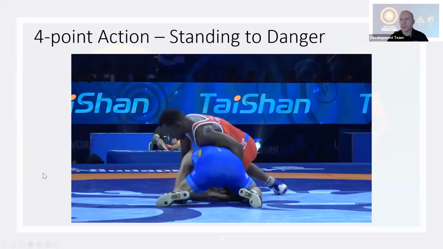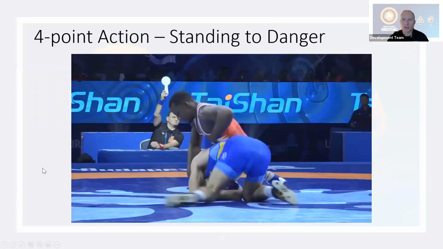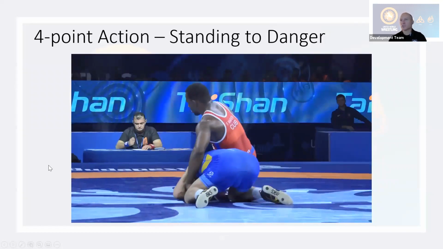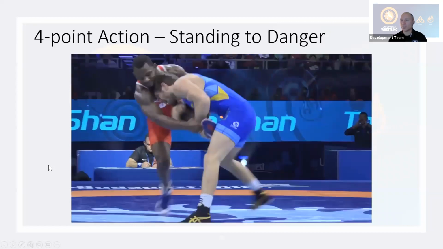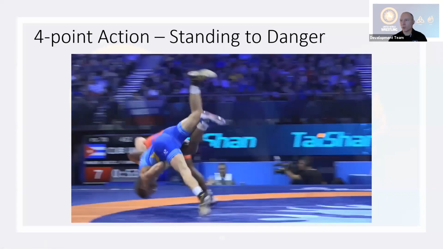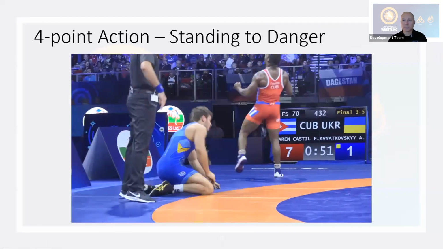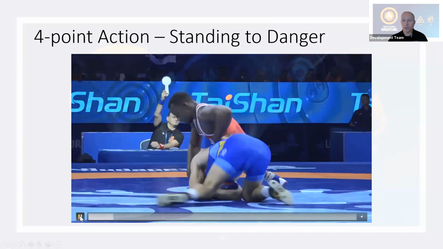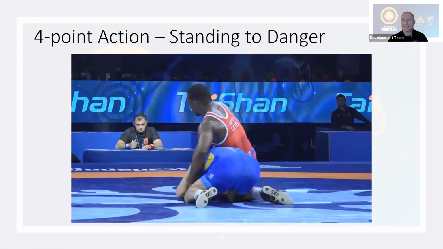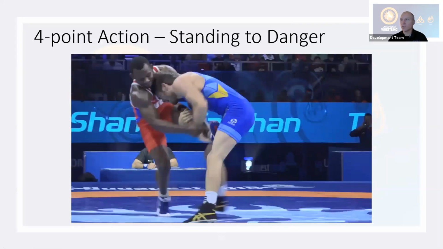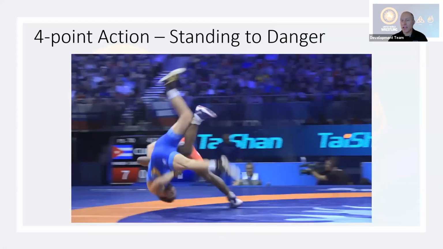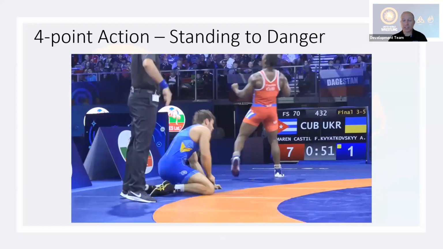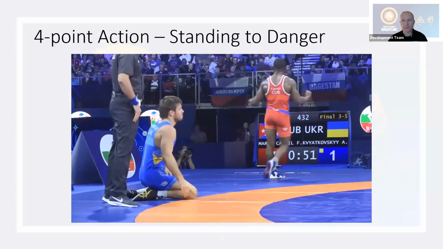Another 4-point action here, and this can be a result of a counterattack. So here we have the blue wrestler attacking red, but red makes a counterattack. The counterattack started in the standing position. So blue was standing when this action occurred. Because he was standing and goes to danger, this is going to be 4 points for red.